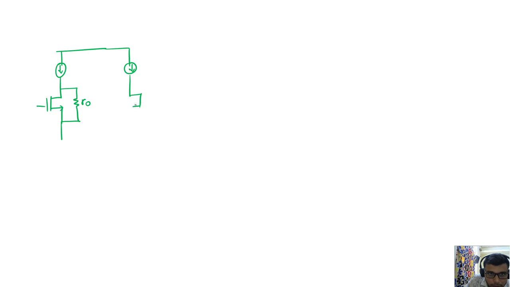So what we can see here, the complete structure can be written like this. So here we are smoothly inserting this virtual short effect and the RDS of the transistor.